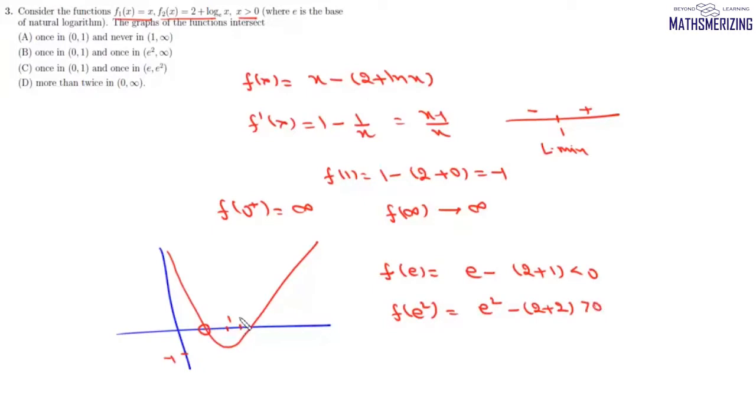So e will lie here and e square will lie here. So this other root will lie between e and e square. So these two graphs will intersect once in (0, 1) and once in (e, e square), and that's your option C.